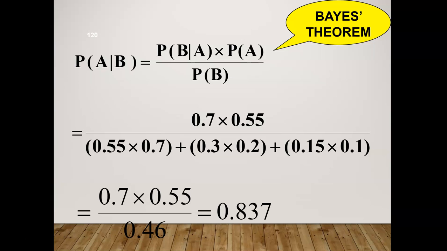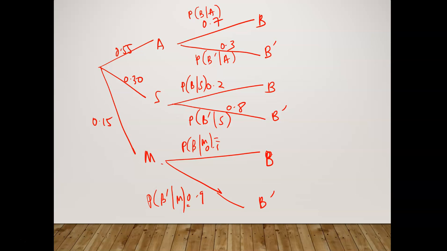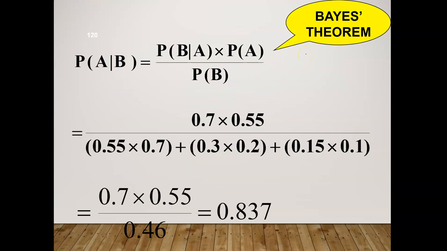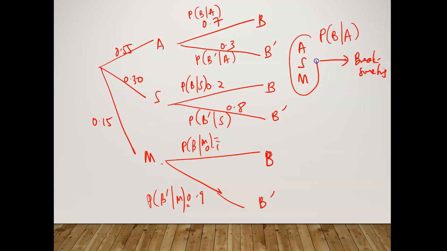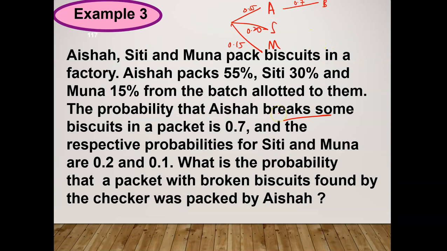So you have to find P(A | B). Aisha, Siti, Muna, then break some biscuit. This is the arrangement, and from this tree diagram we have the second event given the first event. They are the first event, but then the question is starting with the broken biscuit.